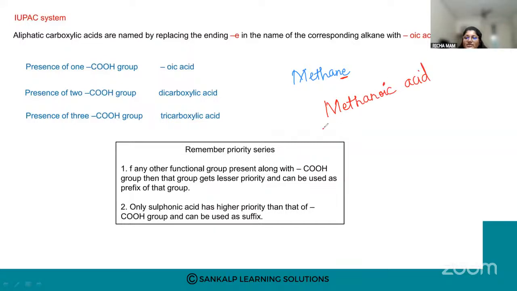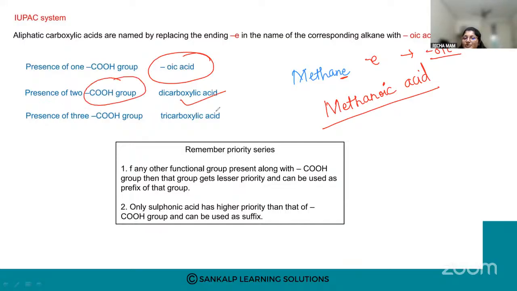So my E will be replaced by oic acid. The presence of one carboxylic acid group is oic acid. If you have two carboxylic groups, you say dicarboxylic acid. If there are three, tricarboxylic acid. So now how do you give the priority?